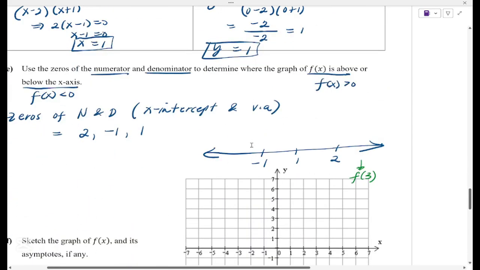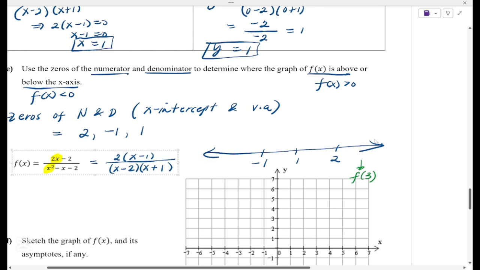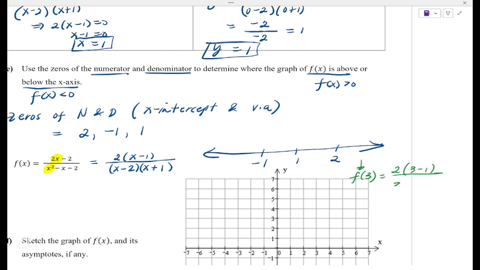So f of 3 is equal to 2 times 3 minus 1 divided by 3 minus 2 multiplied with 3 plus 1. So let's check the value so we can use it in graphing.